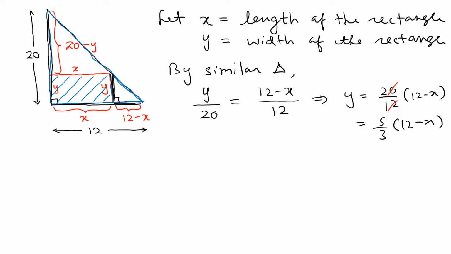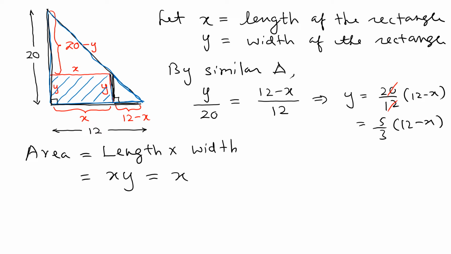Now we can write the objective function. The area is simply the length times the width. So the area is x times y, and let's plug in: x times 5 thirds times 12 minus x.